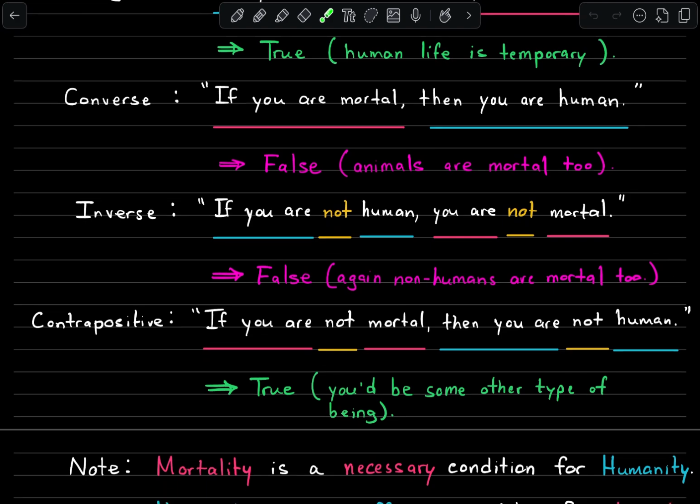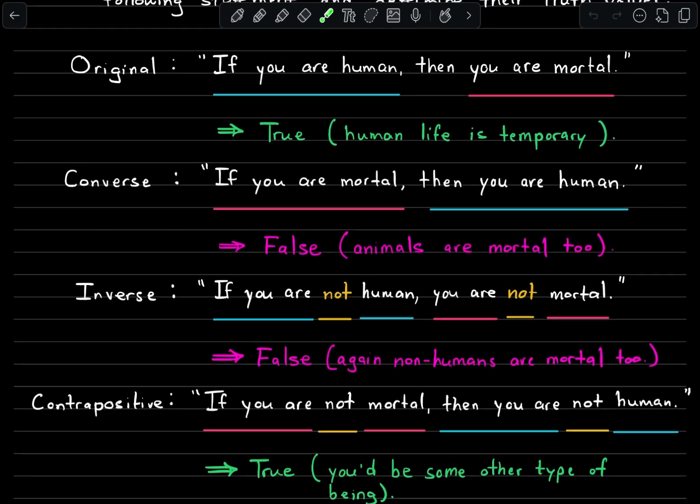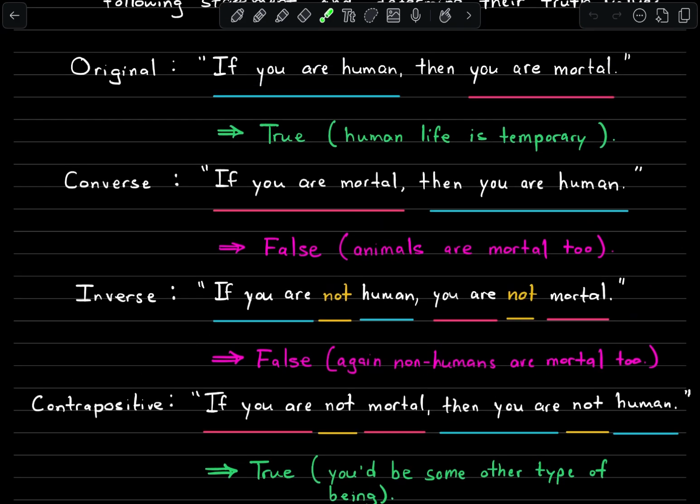All right, so one quick note I want to make. If we're going to relate this example to necessary and sufficient conditions, we can say that mortality, at least in the given original conditional statement, is the necessary condition for humanity, right? So you cannot be human without being mortal.